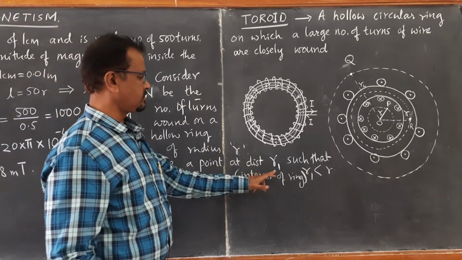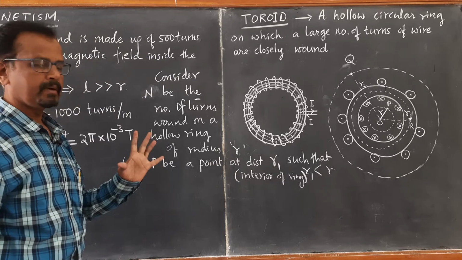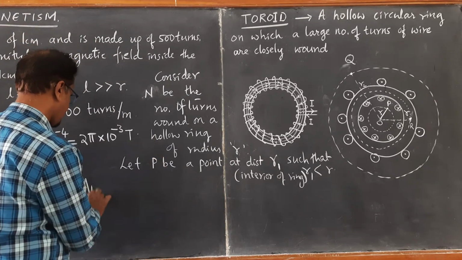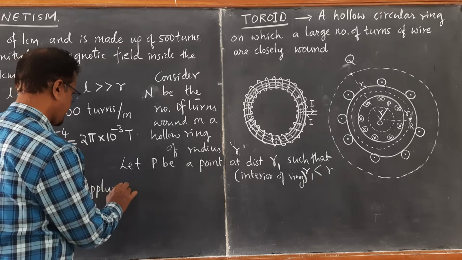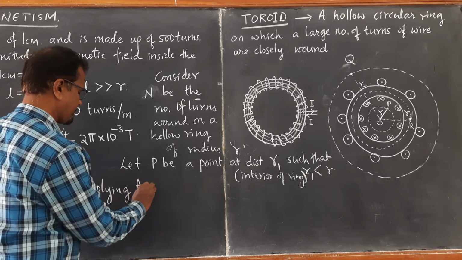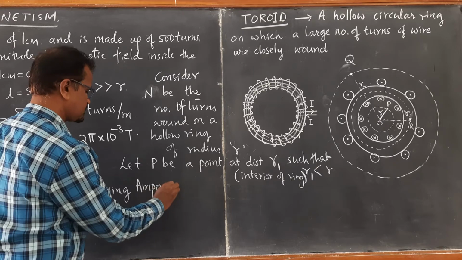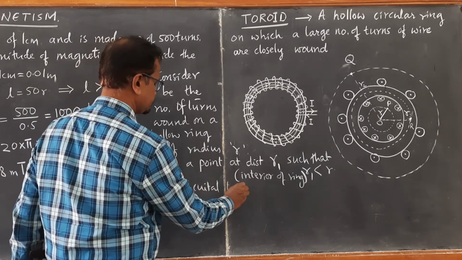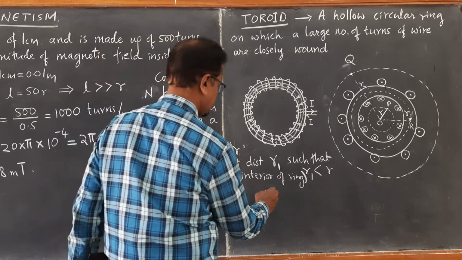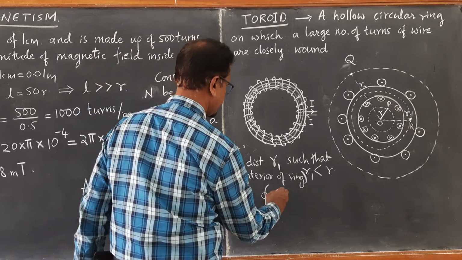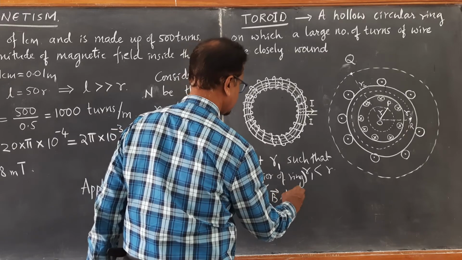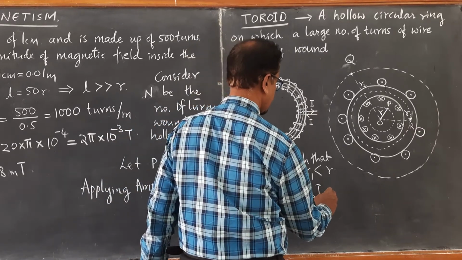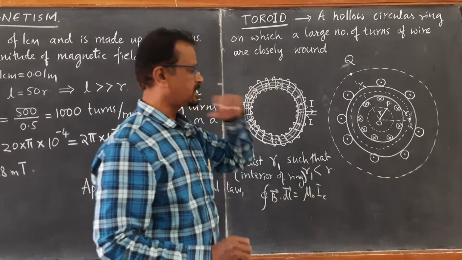Now, since it is of radius r1, I am applying Ampere's circuital law, we get the integral of B dot dl is equal to mu naught times IE, where IE is the current enclosed.